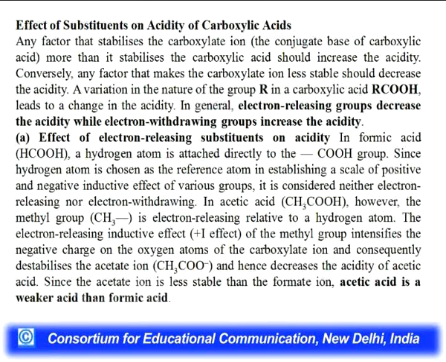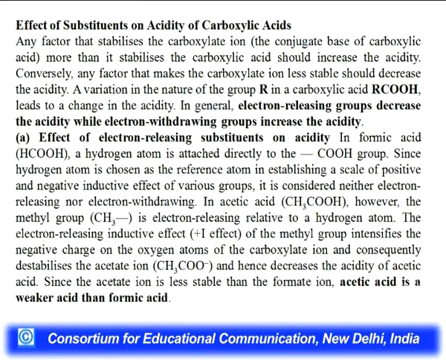In formic acid, a hydrogen atom is attached to the carboxylic group, so we are not taking it into consideration. In acetic acid, however, the methyl group is electron releasing relative to the hydrogen atom. So, the plus I effect of this methyl group will intensify the negative charge on oxygen atom of the carboxylate ion and consequently destabilize the acetate ion.